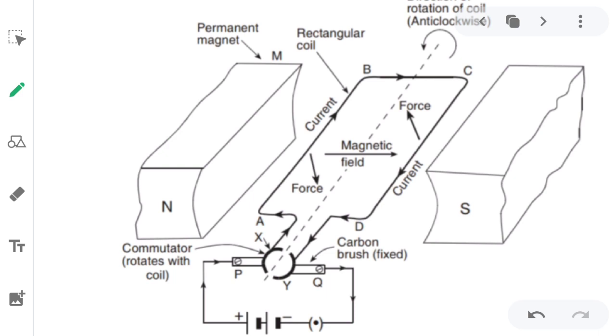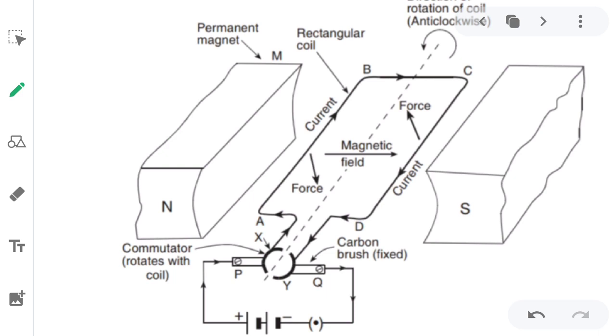We have seen this above also, that when a current carrying conductor is placed in a magnetic field, it feels some force, and the same is happening over here. So now let's see how it happens, and how we apply this in an electric motor.